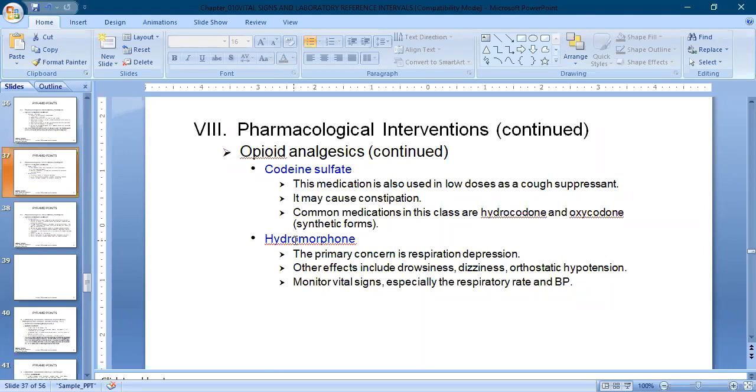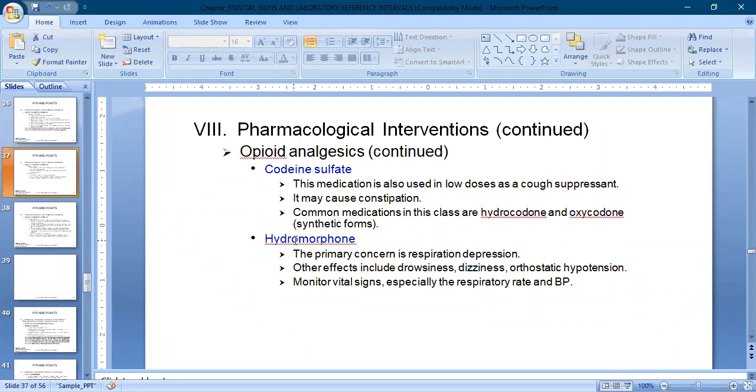If a patient takes an opioid for a long time, it may cause constipation. Common medications in these classes are hydrocodone, oxycodone, right? Hydromorphone is a type of morphine category. The primary concern is respiratory depression.